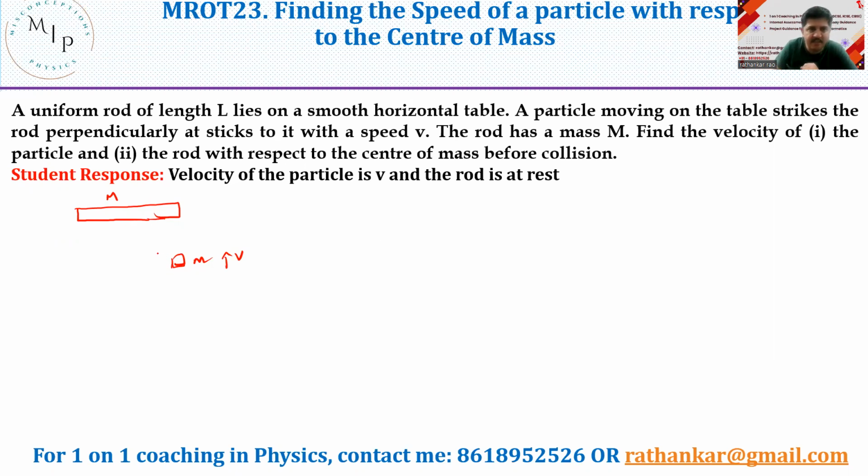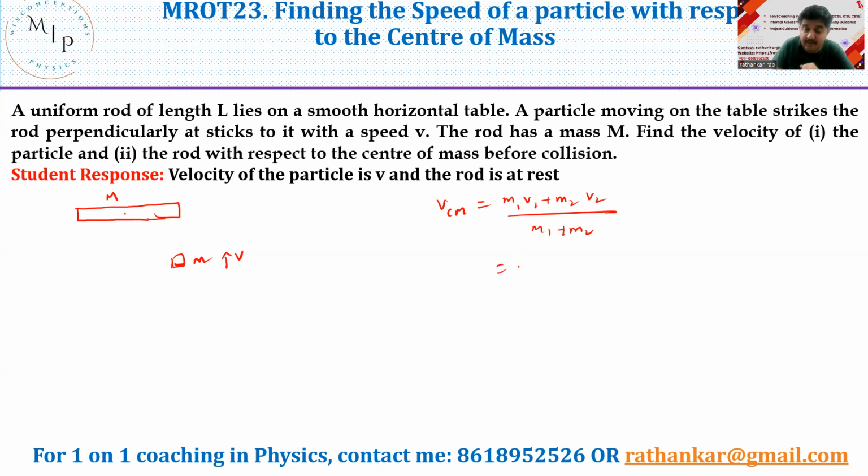See, how do you find the center of mass? First find out what the velocity is here. The center of mass formula is given by VCM equal to (M1 V1 plus M2 V2) divided by (M1 plus M2). Now, when this particle is moving and the rod is not moving, let us take capital M equal to M1.